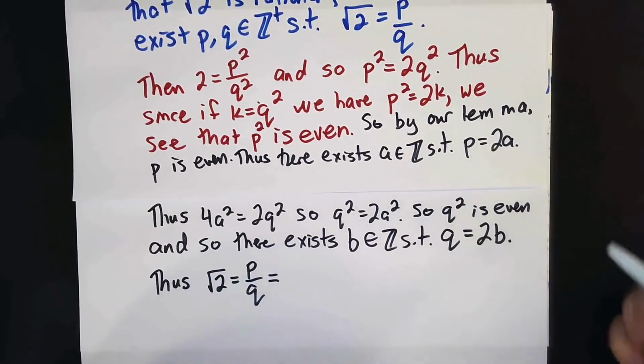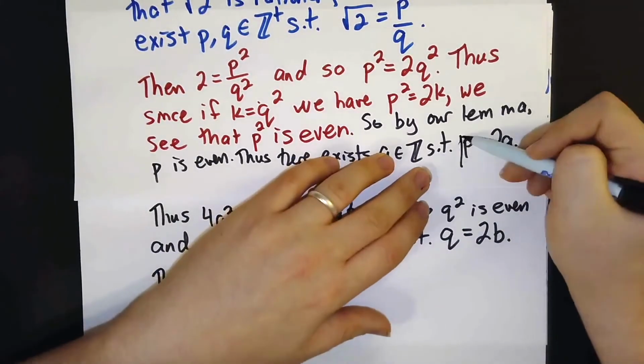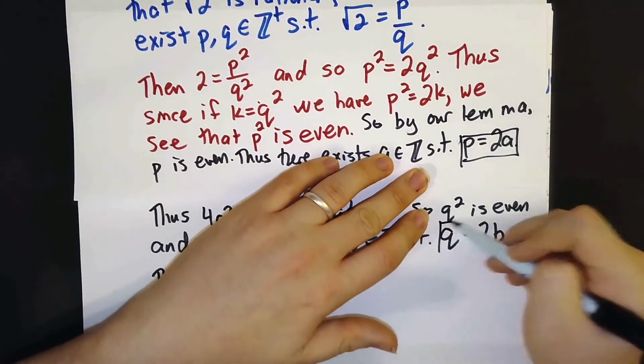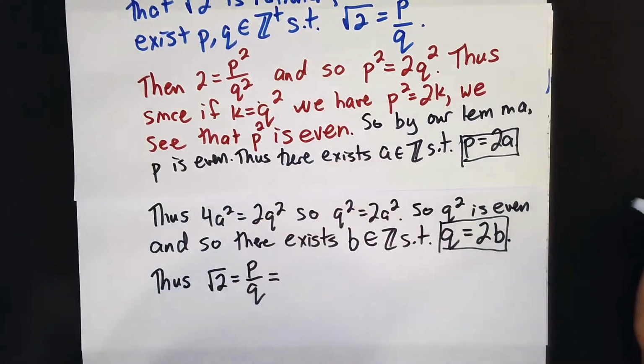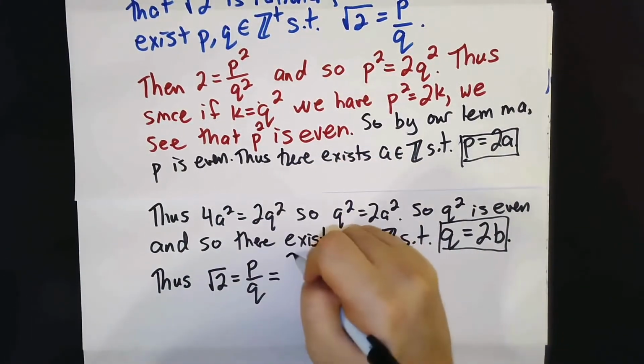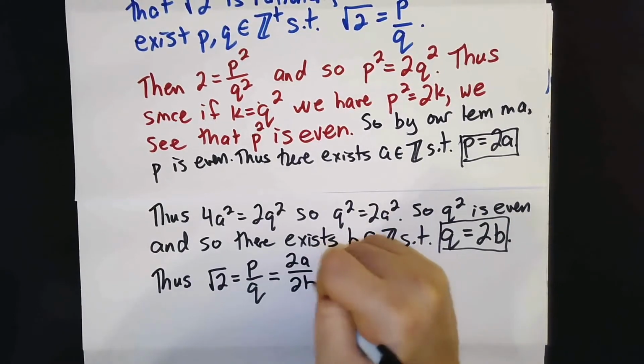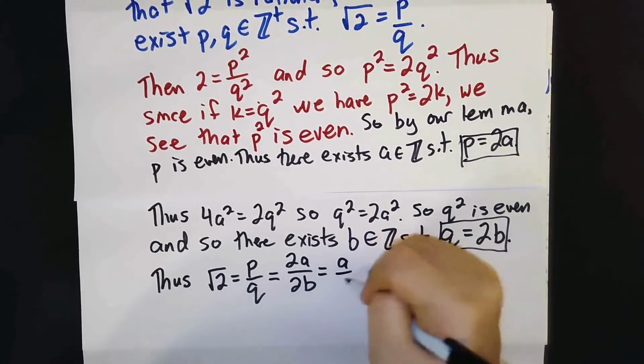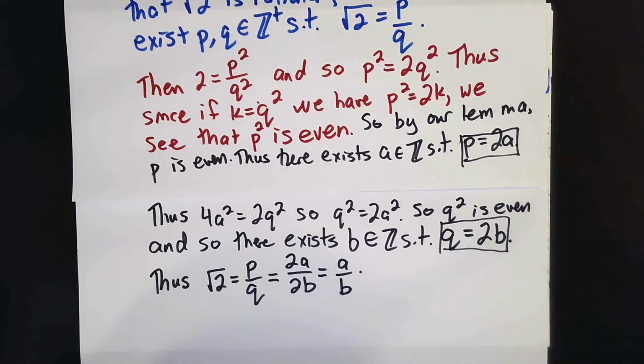But it's also now, because p was 2a and q was 2b, this is now 2a over 2b, which is to say it is a over b. And so not only can square root of 2 be written as p over q, it can also be written as a over b.